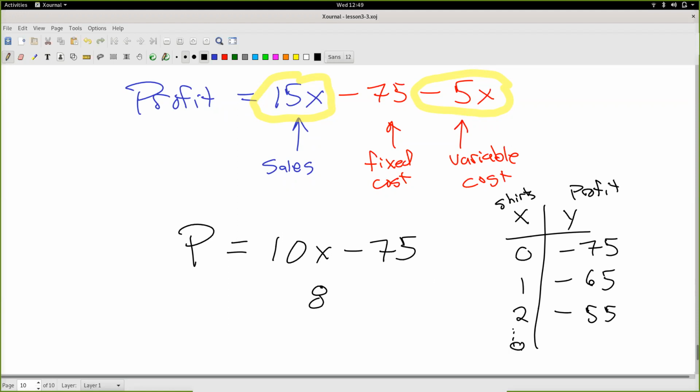So if we jump down on the table to 8 shirts, 8 times 10 is 80 minus 75. They finally made $5 profit. So these are all losses here, and finally, I have a real profit. Right, and ultimately, how much money do they want to make? 500, right. So we got to get to that.